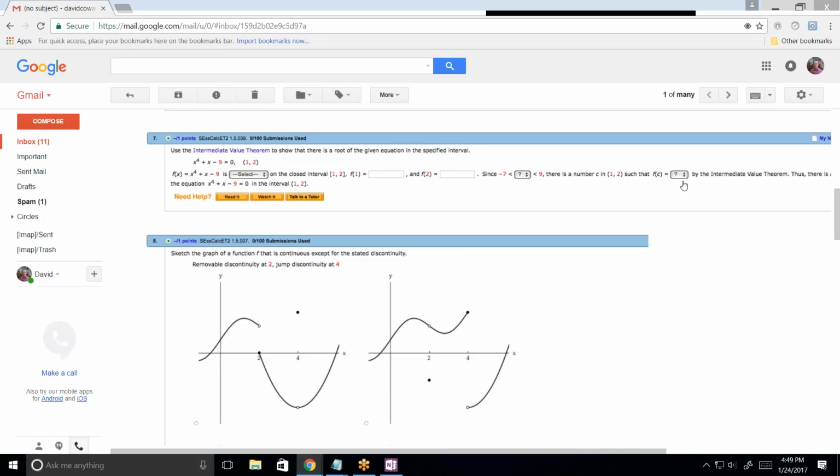Such that f of C is equal to -7, 0, epsilon, or 9. No, not even delta, just epsilon. But -7, 0, and 9. 0 should be the answer. 0, okay. For both of those.